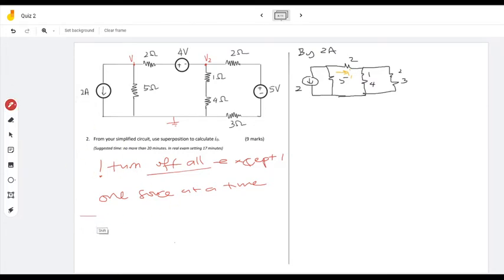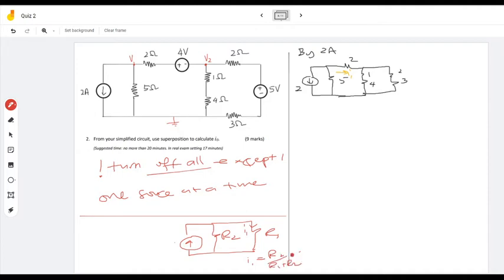You can use current divider if there is a current source and only 2 resistors connected in parallel with it. If you want to find this I, we take the opposite resistor divided by the total, so I1 equals the opposite resistor over R1 plus R2, multiplied by IS.